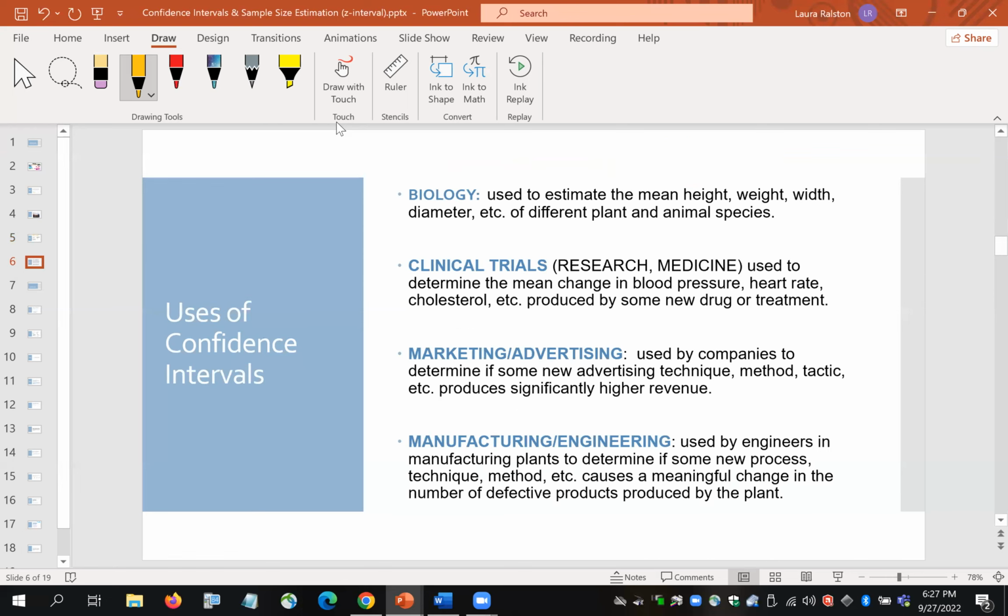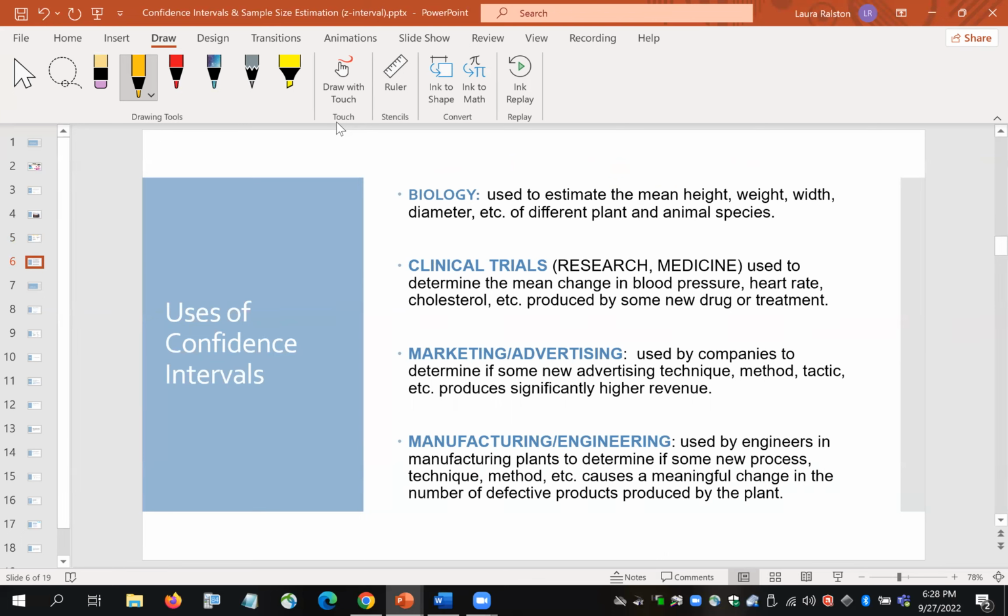I wanted to share with you some examples of where confidence intervals are used in the real world. So in biology, we can use confidence intervals to estimate the mean height, weight, width, diameter of different plants or different animal species.